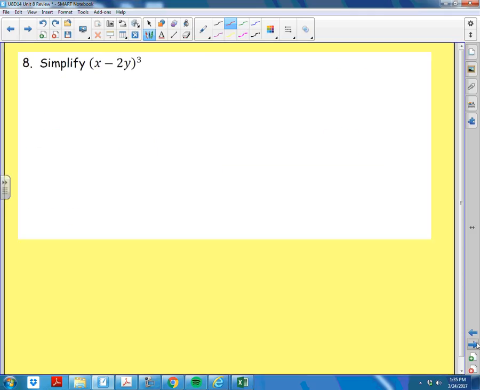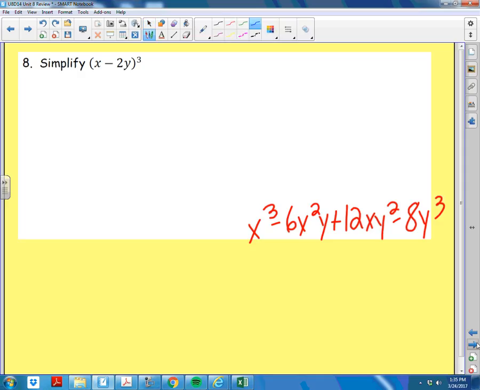All right, next page, number 8. Number 8 is x to the 3rd minus 6x squared y plus 12xy squared minus 8y to the 3rd. Yes or no? Okay, here we go. When you're doing anything to the 3rd power, you start with it to the 2nd power. So you start with x minus 2y times x minus 2y, and you can solve that any way you wish.